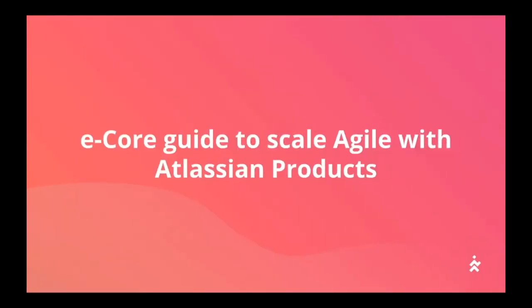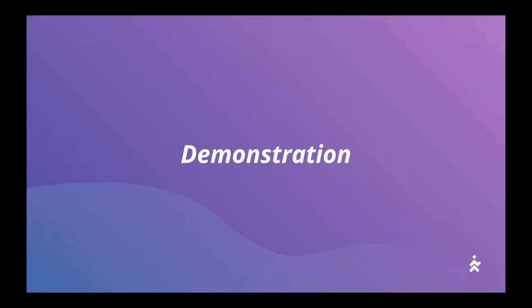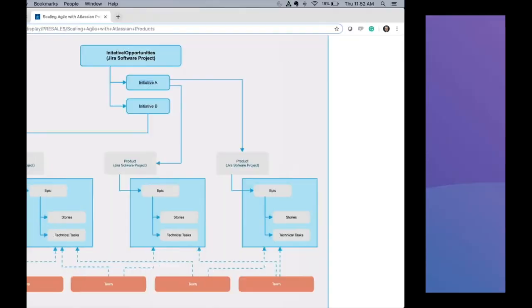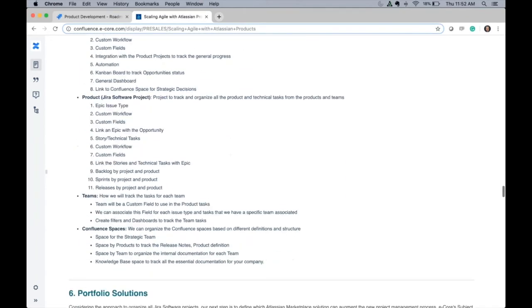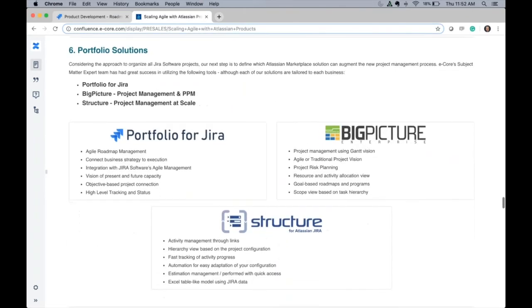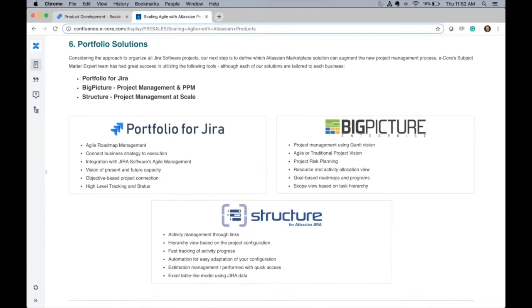This is our recommendation here to use it. This is the core guide to scale Agile with Atlassian products. Okay, so this is the demonstration. I'm just showing to you that it's possible to do that. And after this, you have a lot of challenges to scale with different solutions, for example, portfolio solutions, BigPicture, Structure.